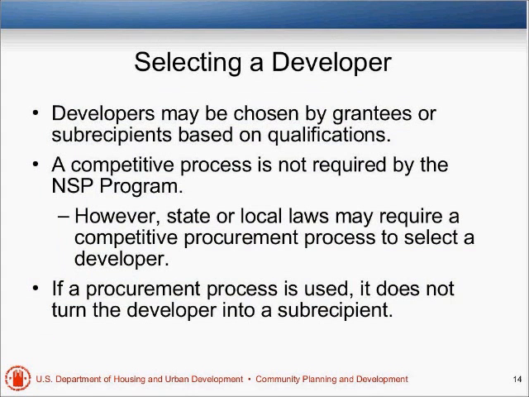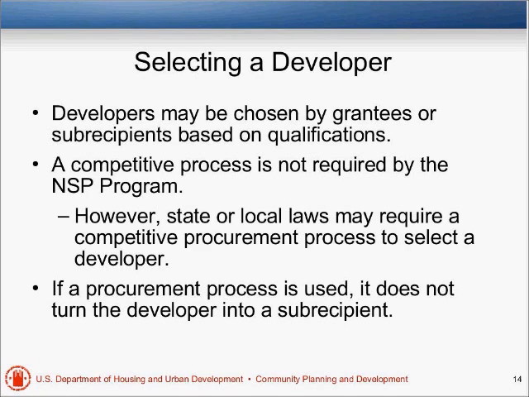Okay. Selecting a developer. Developers may be chosen by grantees or subrecipients based on qualifications. A competitive process is not required by the NSP program. However, some state or local rules require that a competitive procurement process be used to select a developer. And even though it's not required, most grantees can choose to use a request for qualifications or an RFQ process to choose a developer.